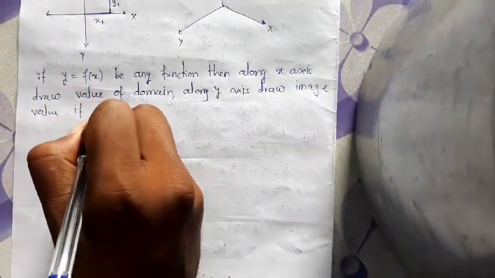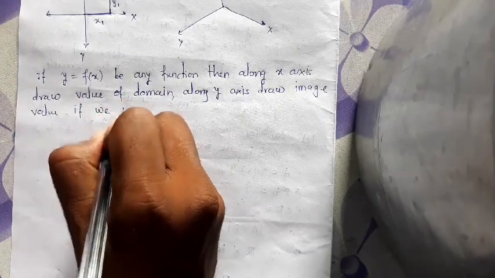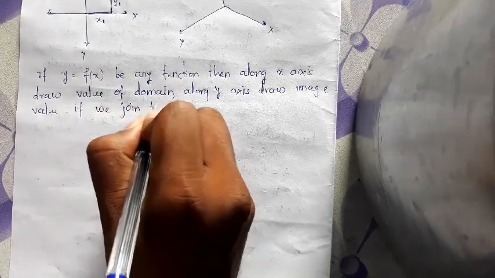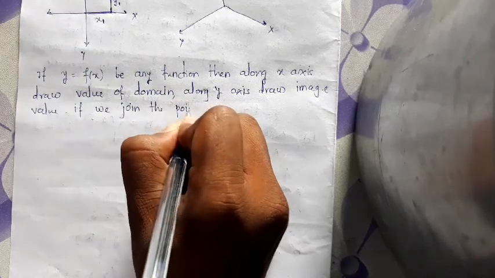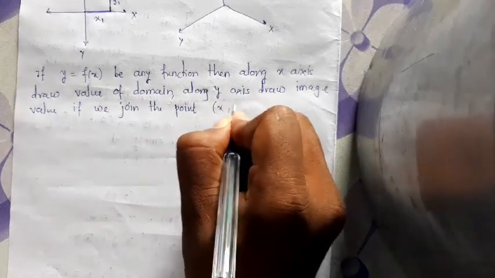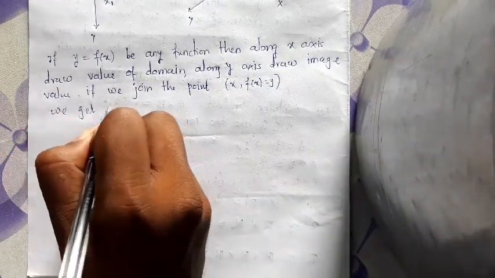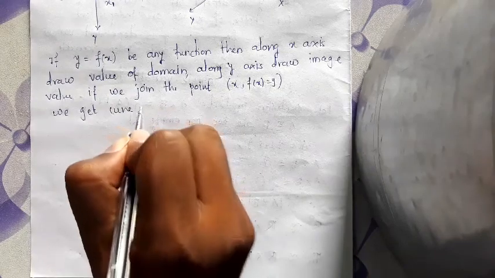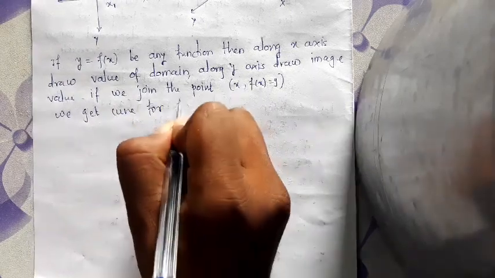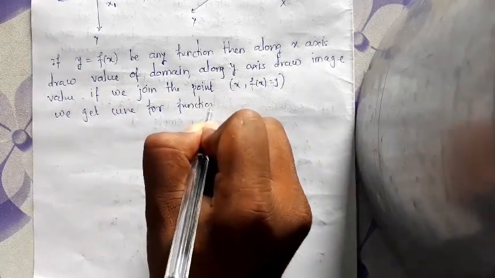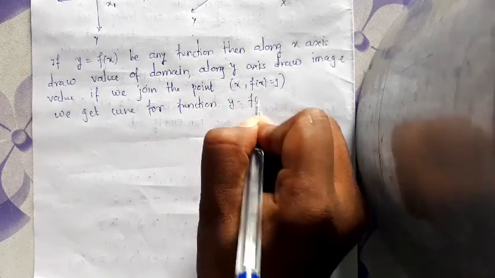If we join the points (x, f of x), meaning y, we get a smooth curve for a function y is equal to f of x.